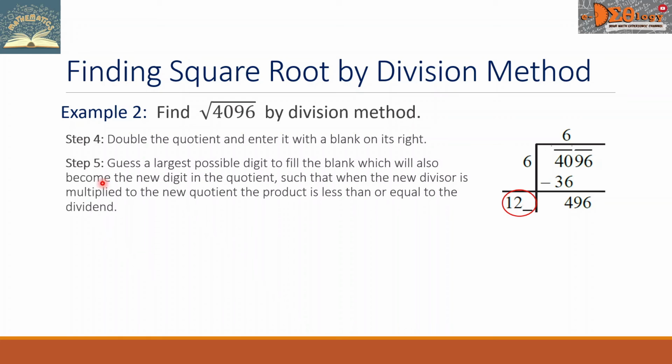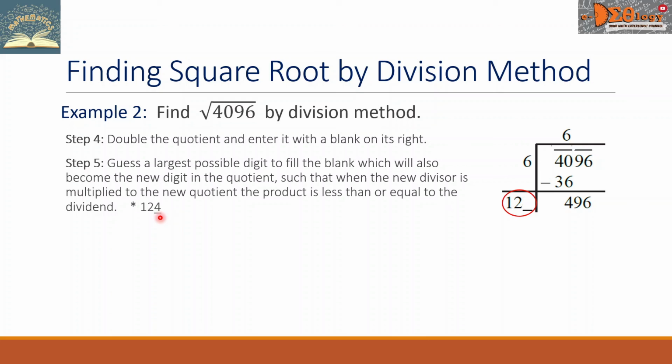Step 5. We guess a largest possible digit to fill the blank, which will also become the new digit in the quotient, such that when the new divisor is multiplied to the new quotient, the product is less than or equal to the dividend. So let's say for this 12, the next digit is 4.